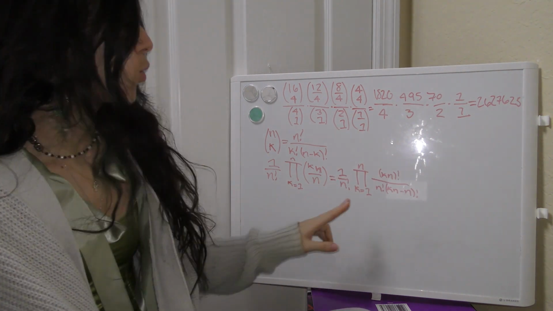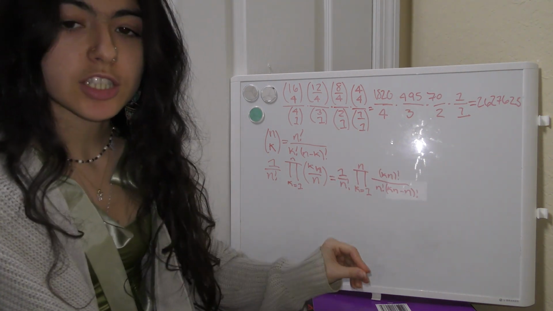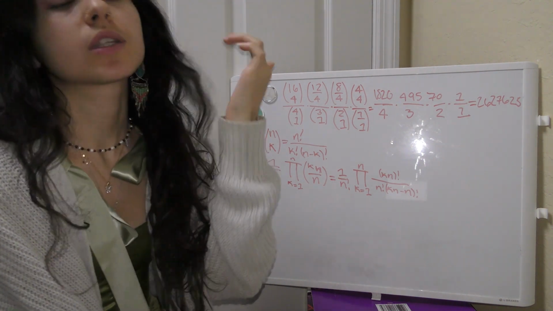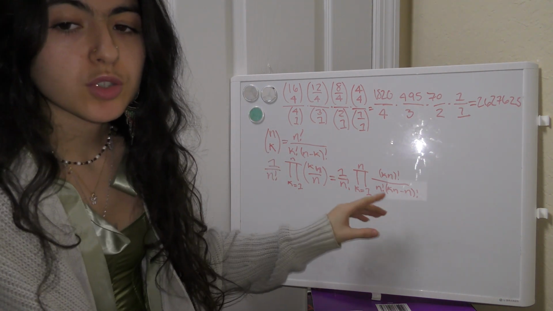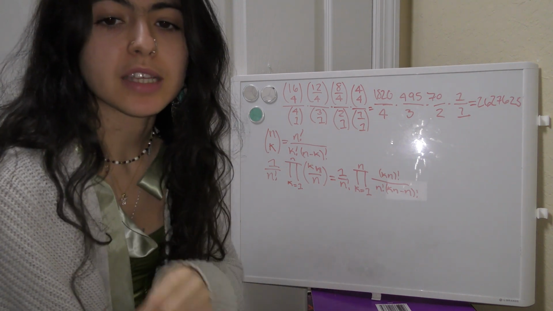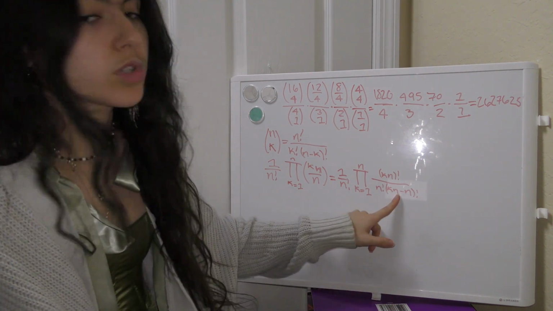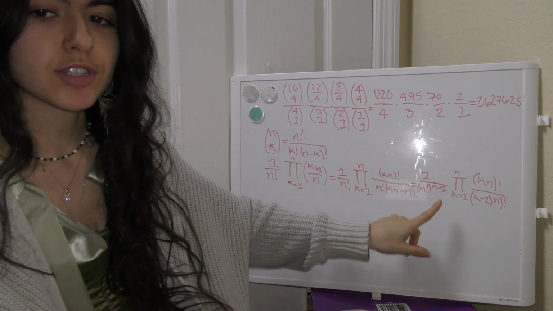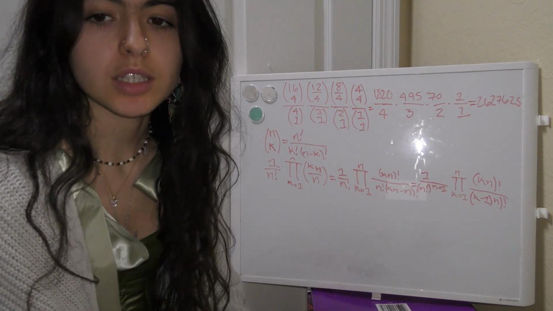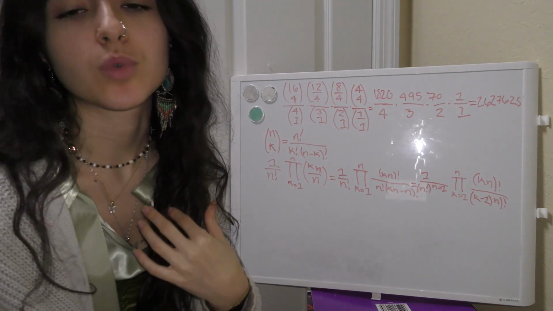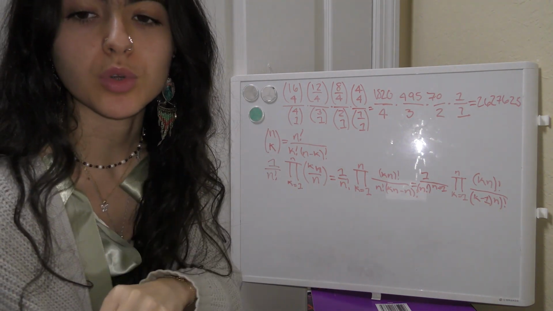It looks like we made it way more complicated, but actually when we express it this way, we can simplify it piece by piece. This is just n factorial multiplied by itself n times. We can also rewrite this as, look, every term in the bottom product cancels out with a term in the top product, except for the very last one, which is n squared factorial.